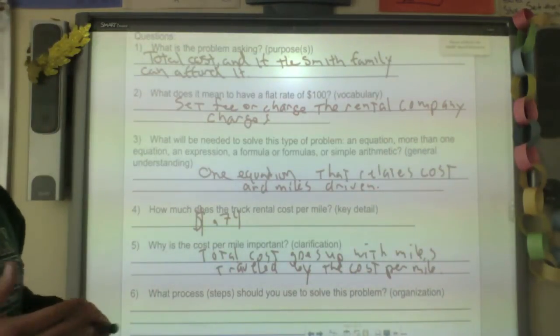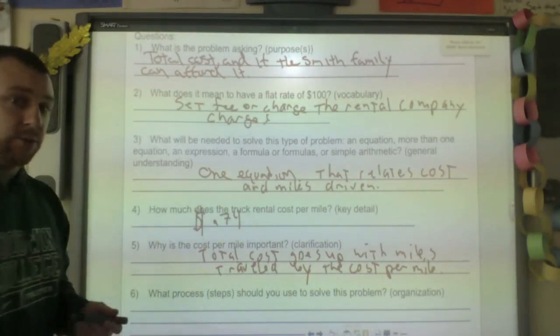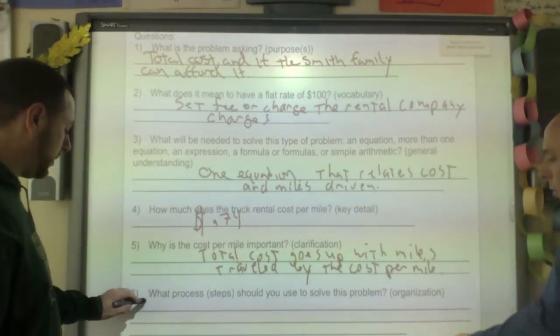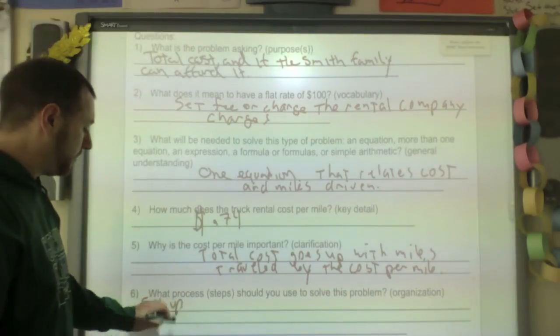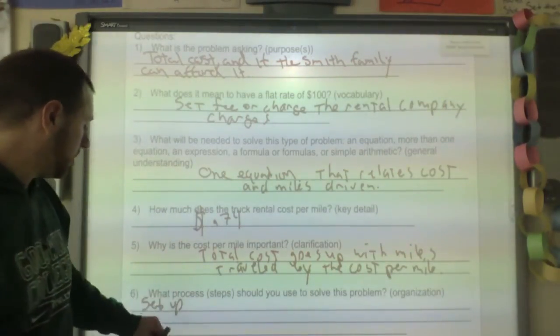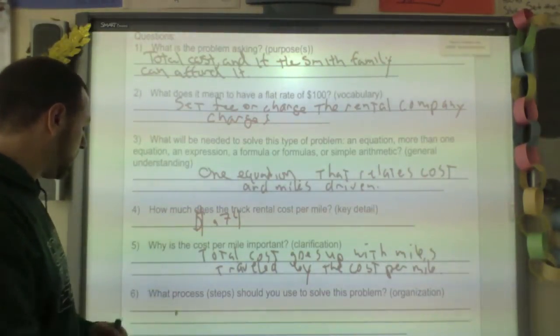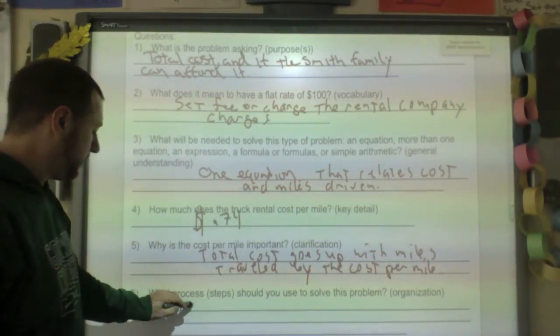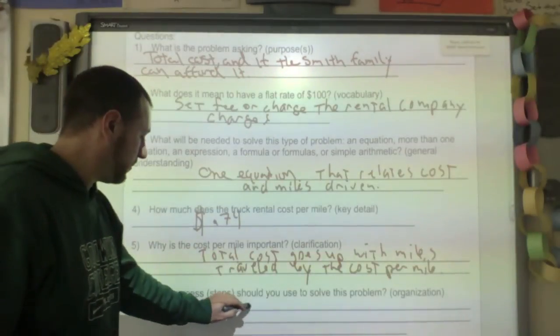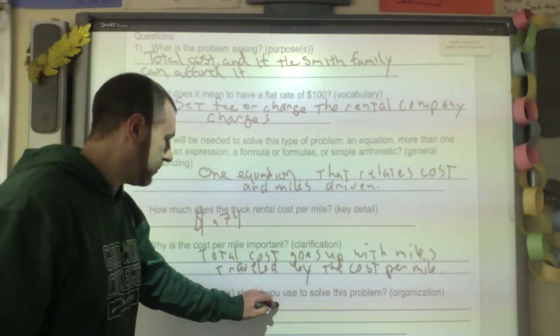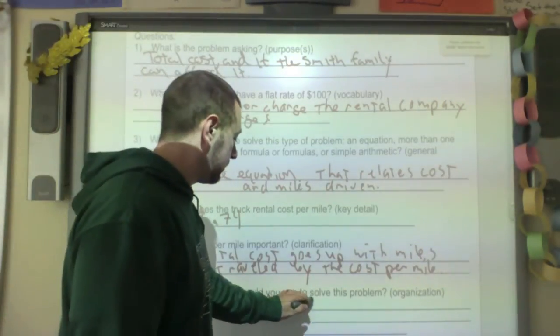Excellent. So now, what process? Well, you always have to define your variables. Set up an equation.